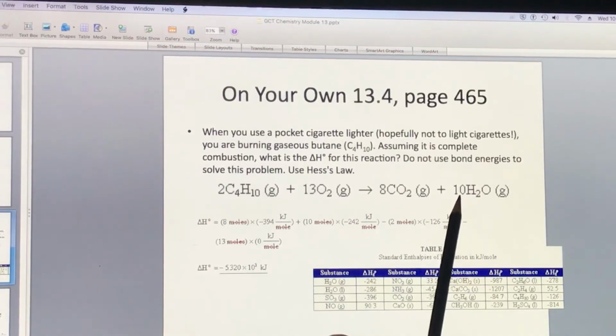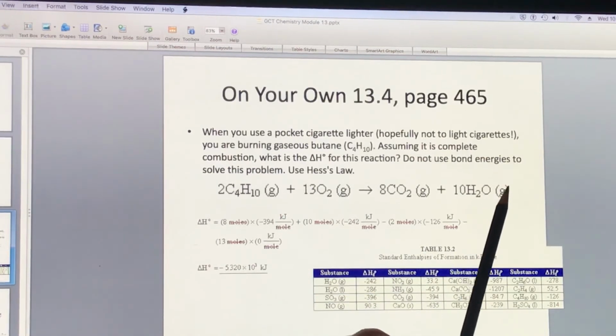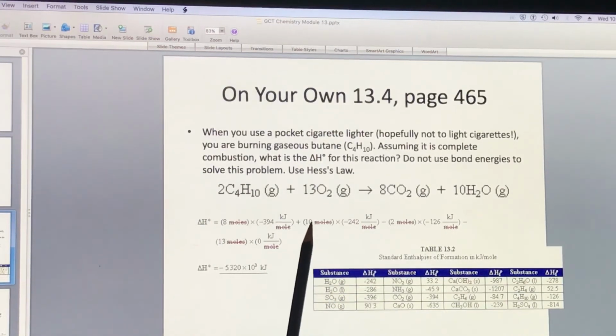Then we have 10 of the waters. You look the water up on here, and it is important to look at the state of the water. This is in gas because there's 2 different values here. One's for gas and one's for liquid, but we have minus 242 for the gas. So it's 10 times minus 242.